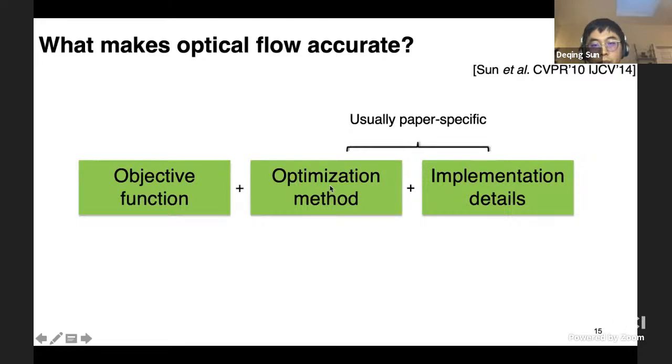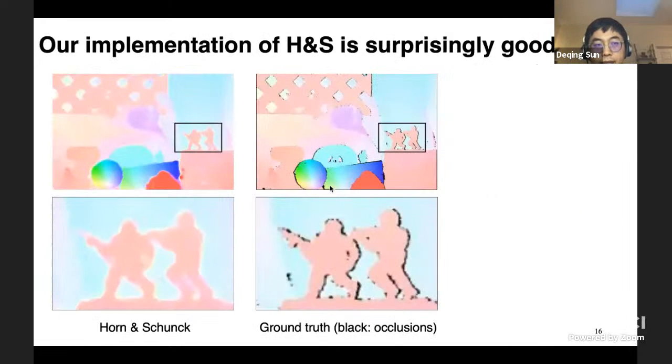And so what we did is we went back and started from the most basic Horn and Schunck objective. We found that if we implemented it using the best optimization and implementation details we knew at that time, the performance was quite good. For example, you can see the motion details can be reasonably recovered, although the motion boundary is over-blurred, which is reasonable because of the L2 penalty function.